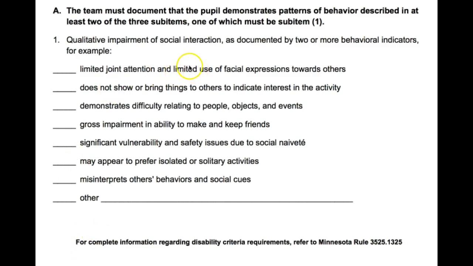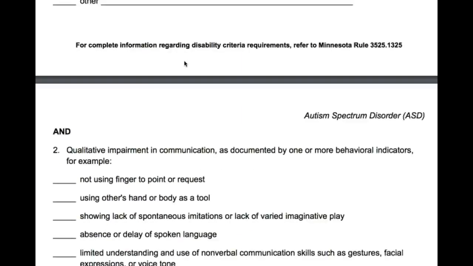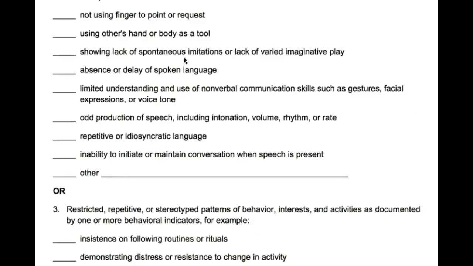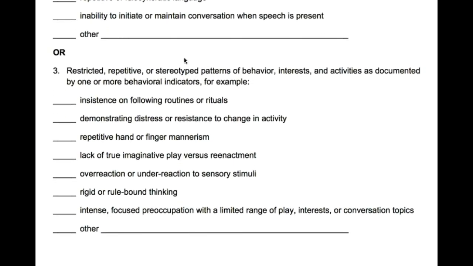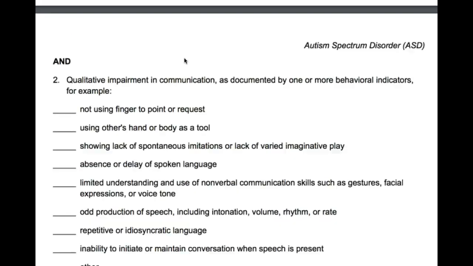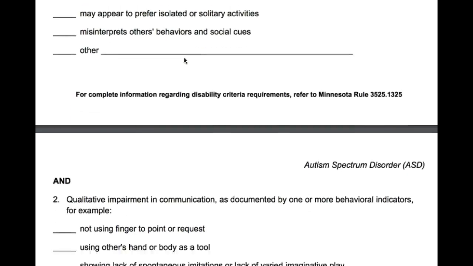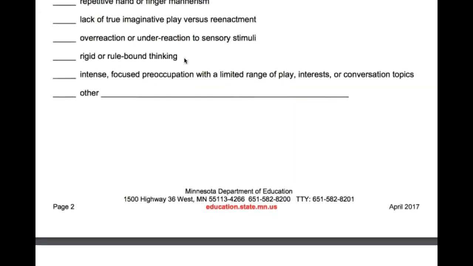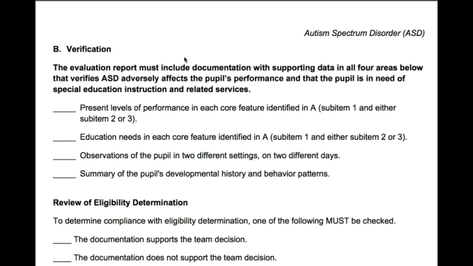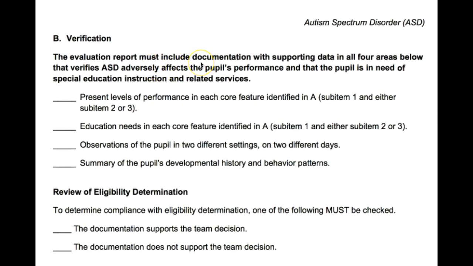But we're talking about impaired social interactions, or impaired communication, or repetitive stereotypic behaviors. So all 3 of these are looked at and interpreted. So this is built off that triad of deficit. Then we move to Part B. And the report must include documentation for data in all 4 of these areas. They have to have their present level of functioning.